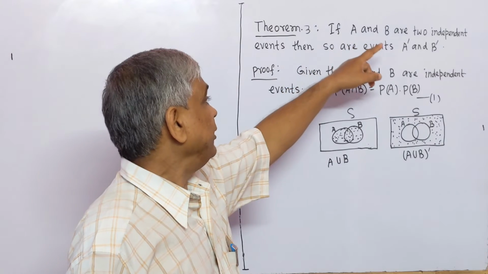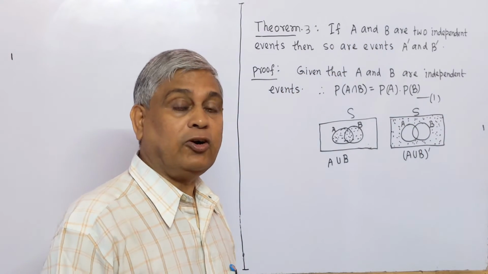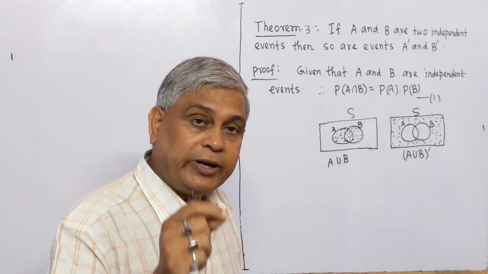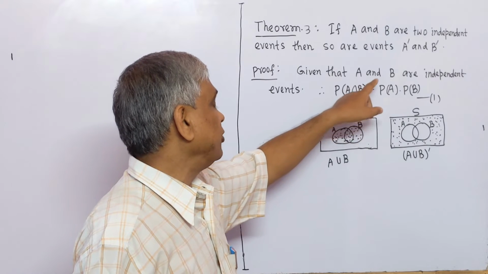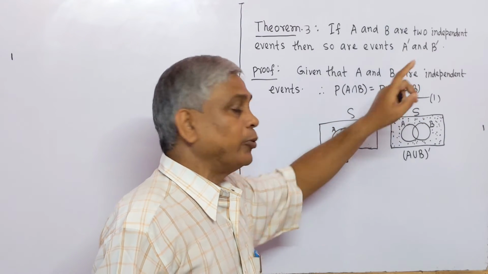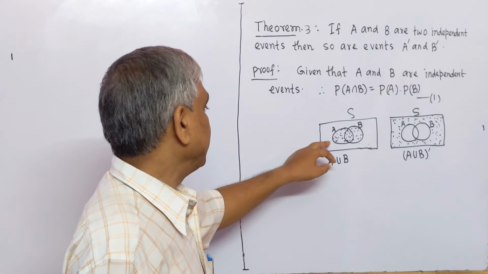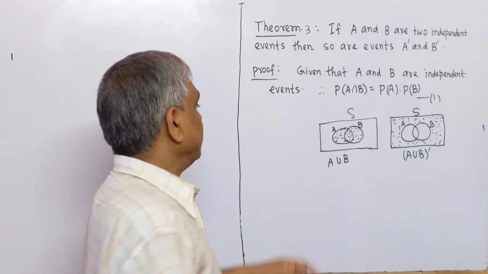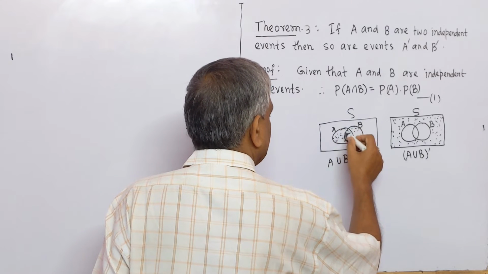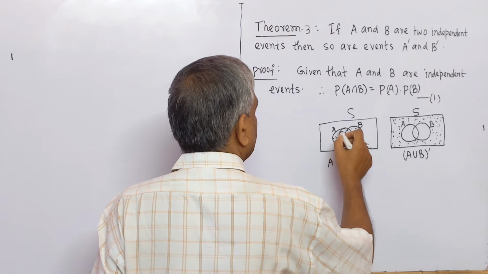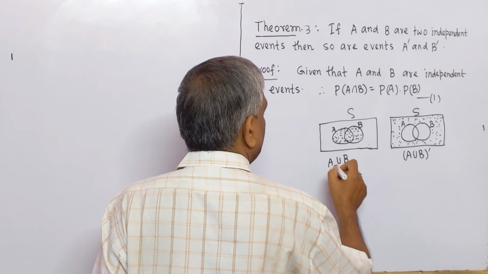Given that A and B are two independent events, therefore from the condition for two independent events, probability of A intersect B equals probability of A multiplied by probability of B. This is number 1. Now we see this figure. Here the first circle is event A and the second circle is event B. The dotted portion is the event A union B.